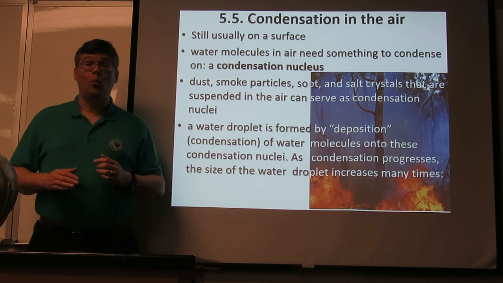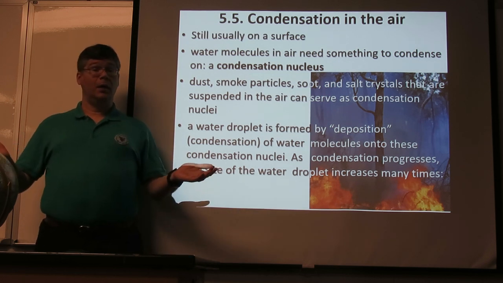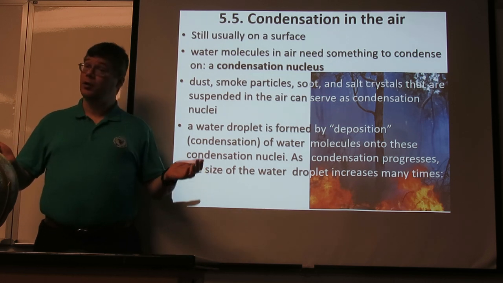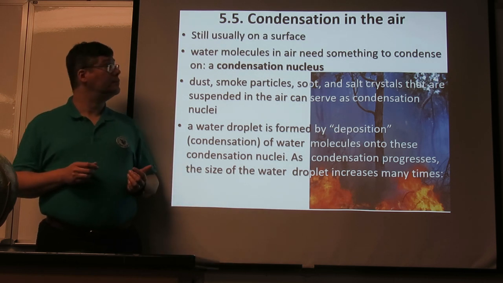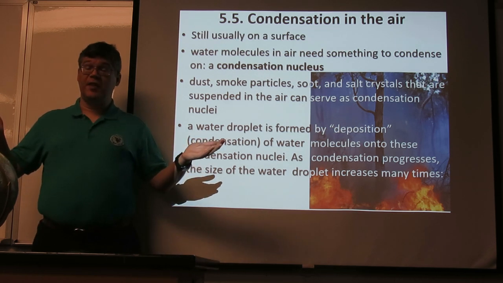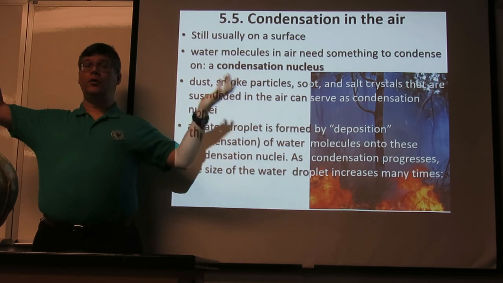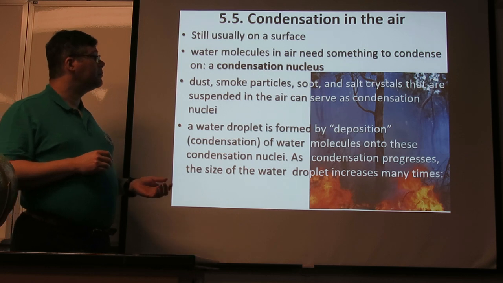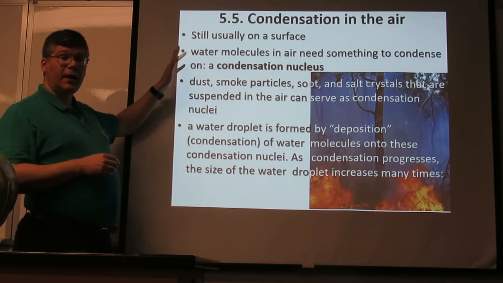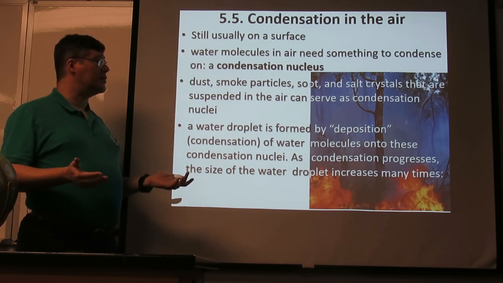Okay, what about condensation up in the air? Turns out that also typically requires some sort of surface. But what surface is in the air? All the little tiny specks of things, dust, soot, things like that. Whatever this thing is in the air, we call it a condensation nucleus.